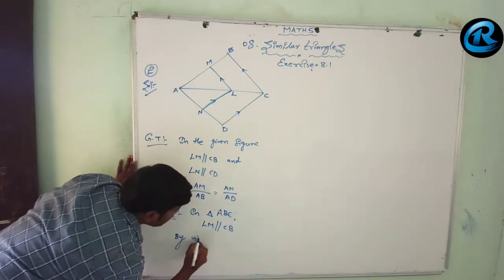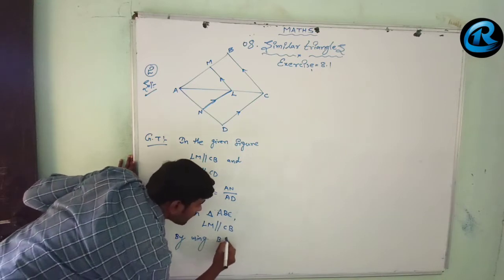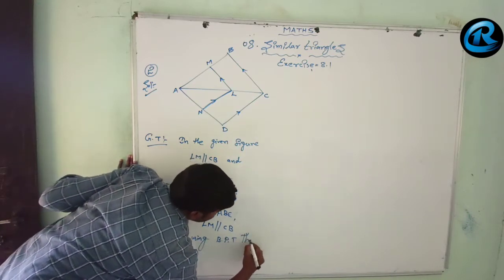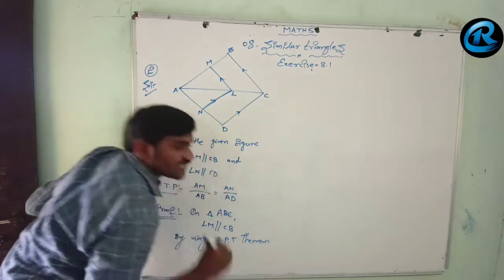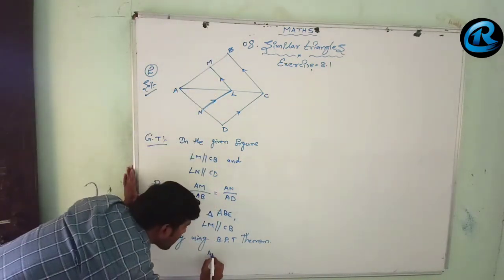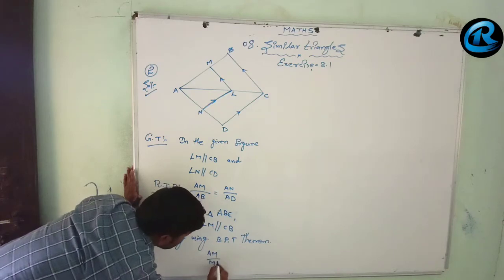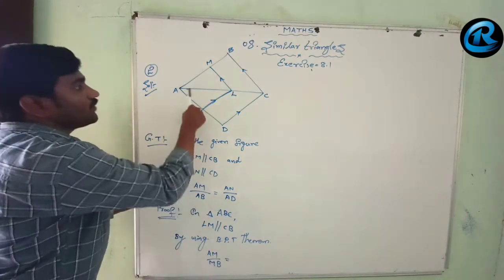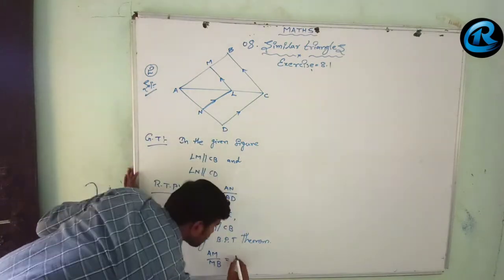By using BPT theorem, it's also known as Thales theorem. Remember, so AM by MB is equal to AL by LC.